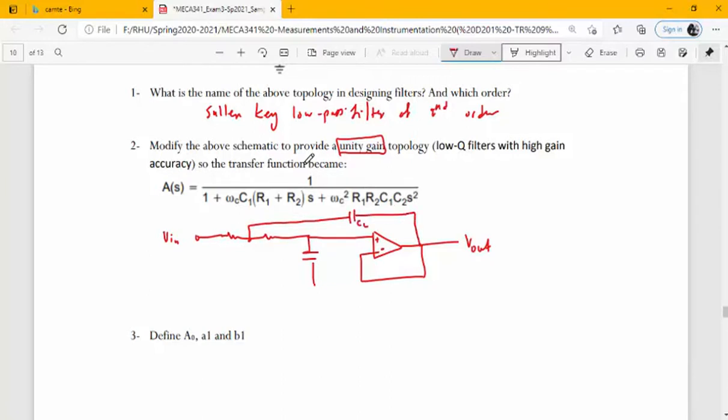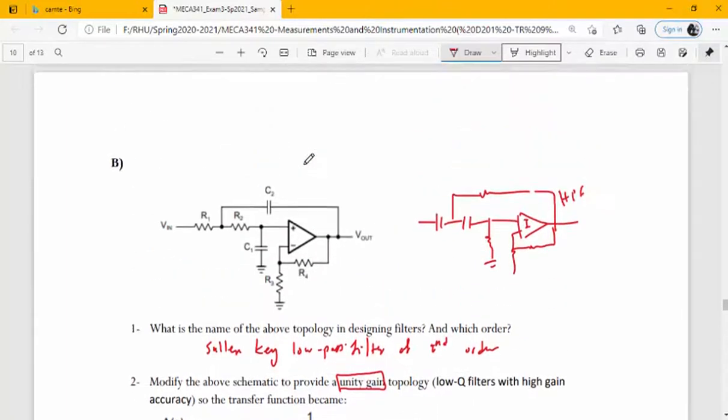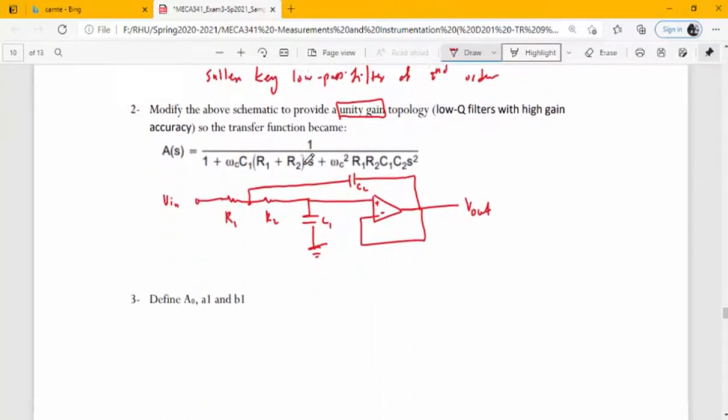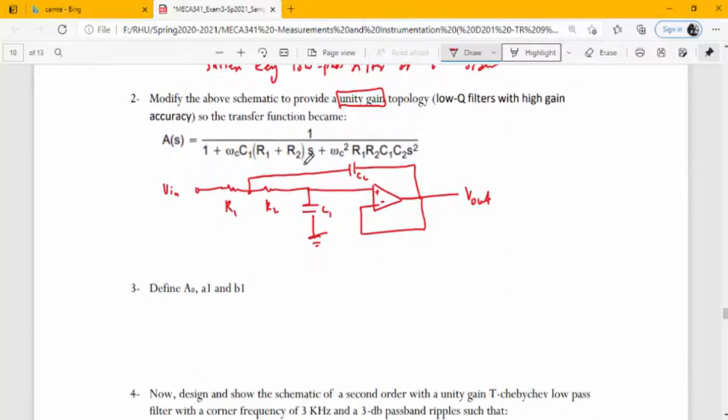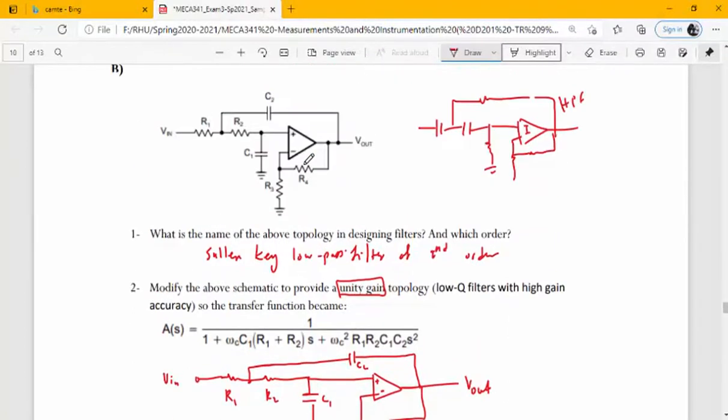This is C2, this is C1, this is R2, and this is R1. Once we say unity gain, R3 will be infinity and R4 equal to 0.